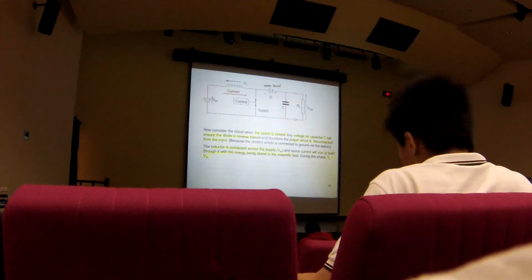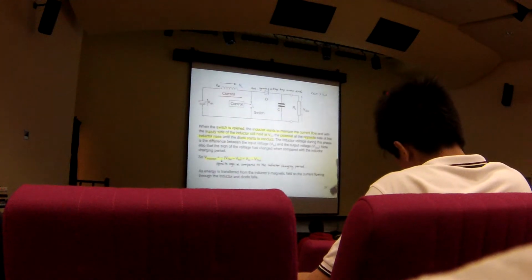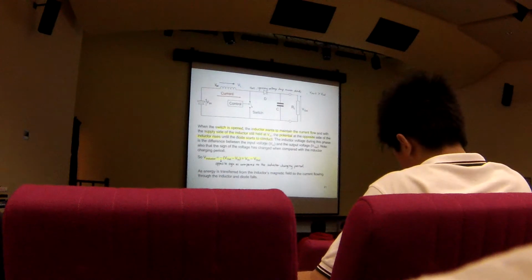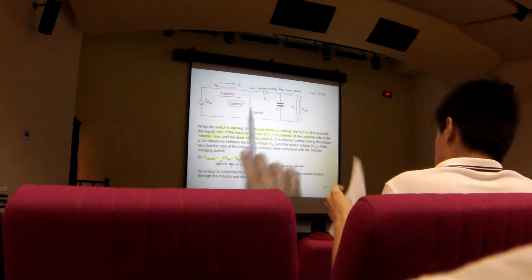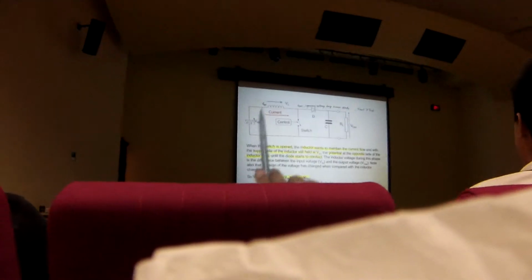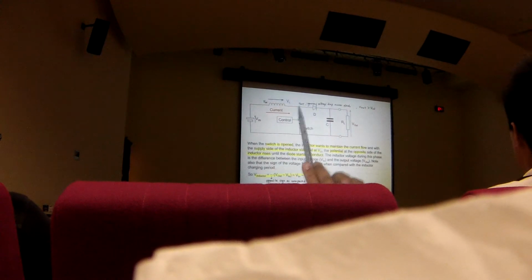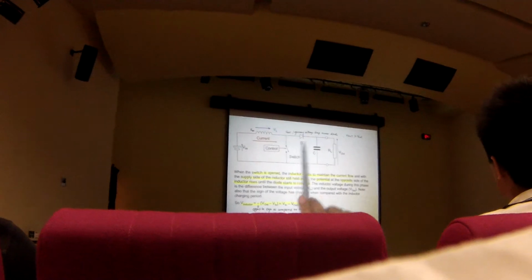Alright. What happens if the switch is now open? Okay, when the switch is open, remember that previously there was a magnetic field in the inductor, right? This inductor wants to maintain the current flow. And with the supply side of the inductor, which is still held at V-in, what will happen is that the potential on this side will try to rise until the diode starts to conduct.